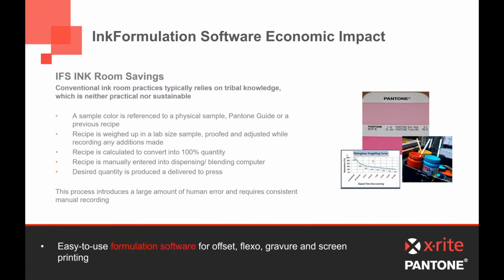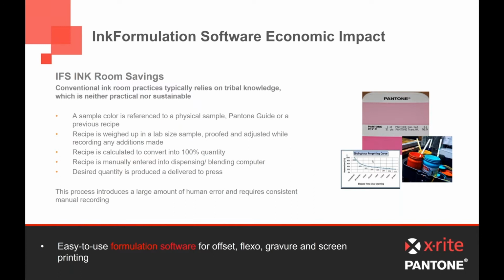Okay, so the way that they go about achieving a color match is that a sample color is referenced to either a physical sample, Pantone guide, or a previous recipe, or a print that they've done prior to. The recipe is weighed up in a lab size sample, is proofed and adjusted, and they're taking notations of every addition that they make.